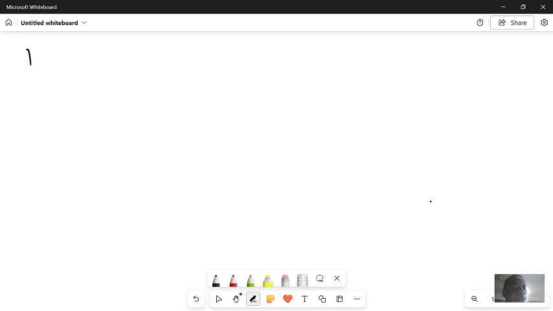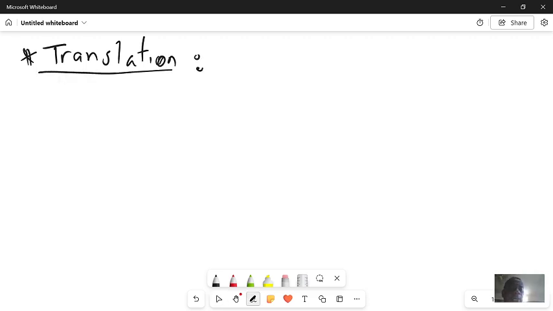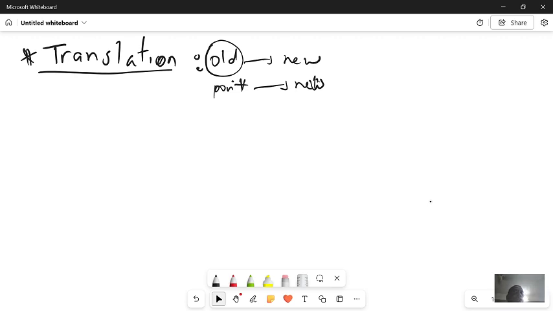When we talk about translation, it means that I am in the old plane, I'm going to a new one. So any point that was in the old plane, I can find its coordinate in the new one. But when we talk about translation, the origin of the plane will change.